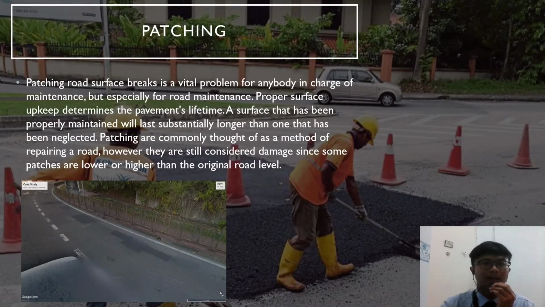So patching are commonly thought of as a method of repairing a road. However, they are still considered damage since some patches are lower or higher than the original road level.